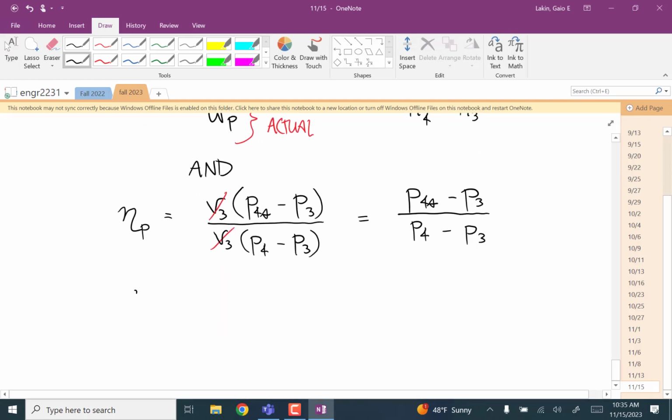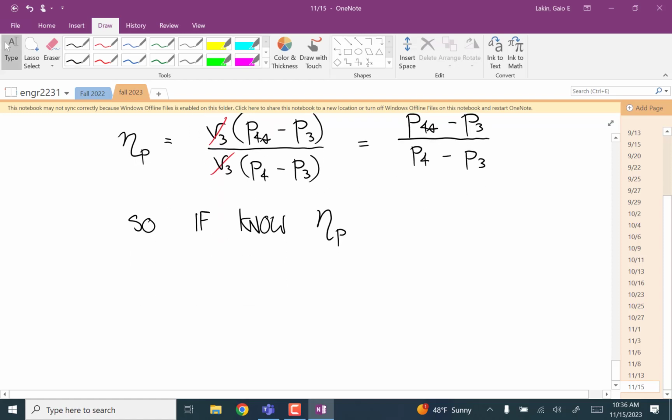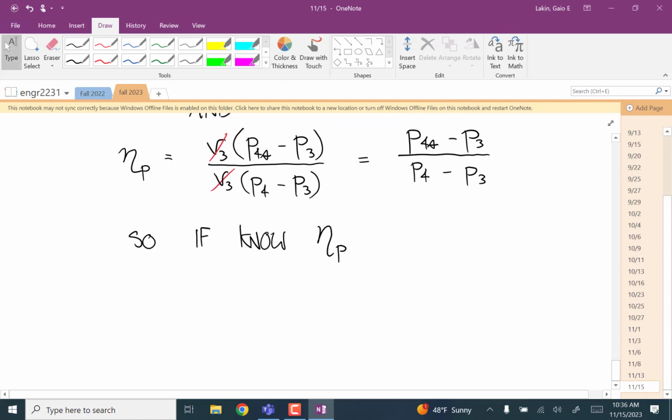So what that says is if you know the isentropic efficiency for the pump, then H4, the actual H4, you can calculate as 1 over that isentropic efficiency times H4S minus H3 plus H3.